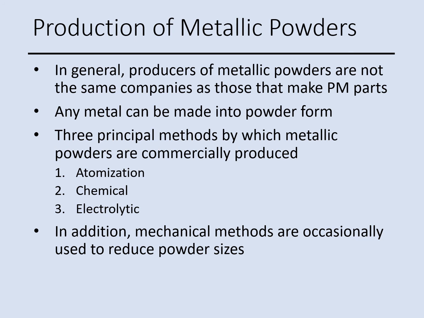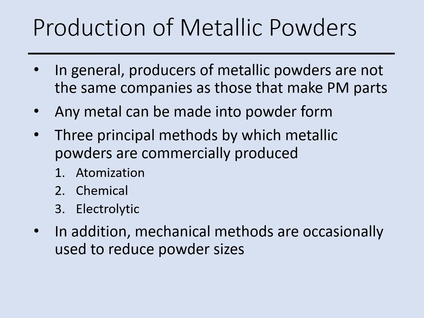We can make powder from any metal. It is possible. And there are various methods to make powder. One method is called atomization. The next one is called chemical. And we have electrolyte.